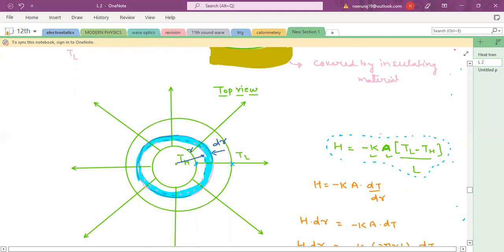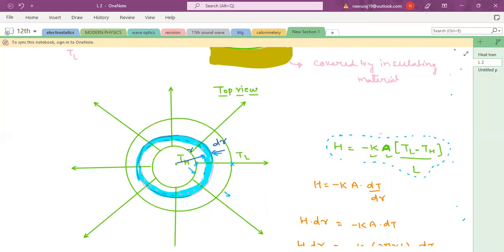Now in this small thickness dr, we can write down the formula of current: H equals to minus K dT by dx. But as you know, there is no heat accumulation anywhere. So whatever the heat current in this part, the heat current in any part should be the same. Heat current between this part and this part, the same heat current should be from here to here.